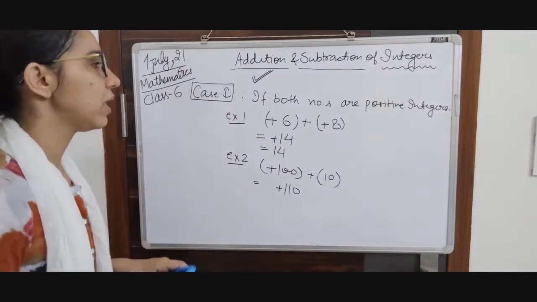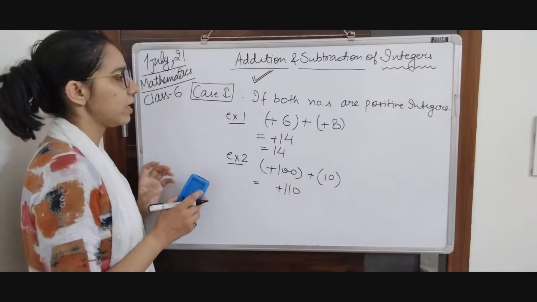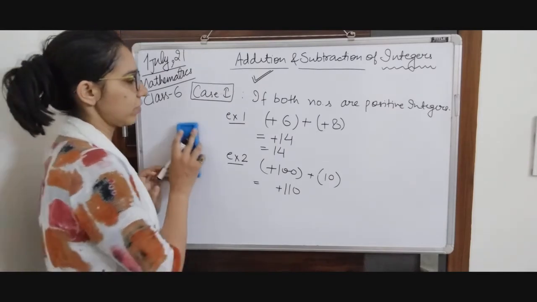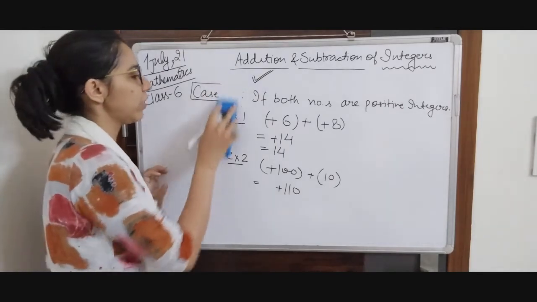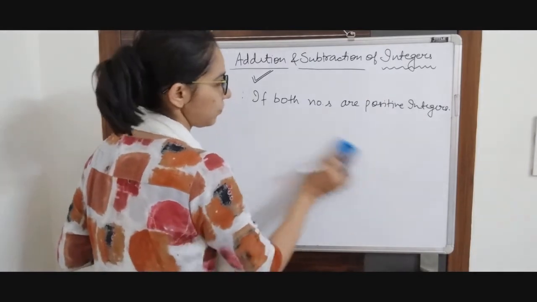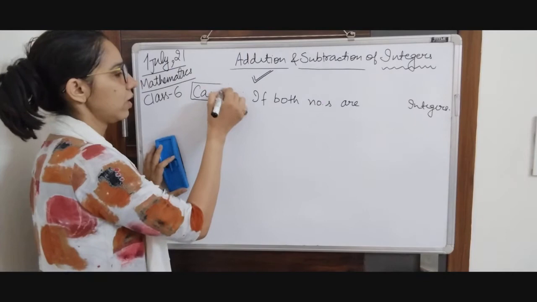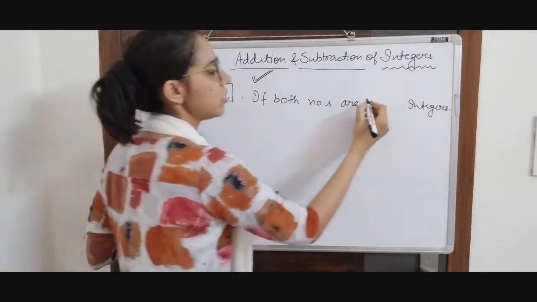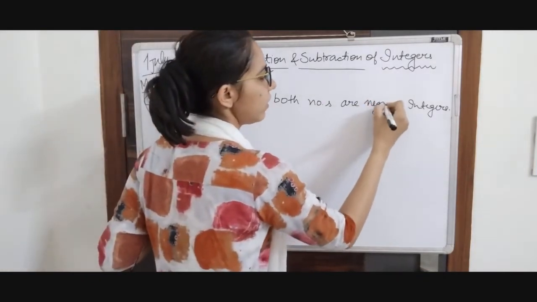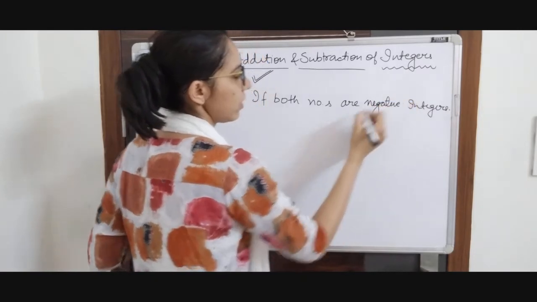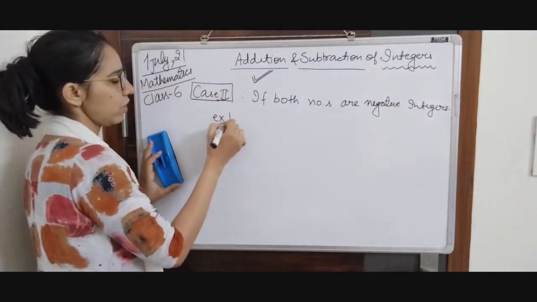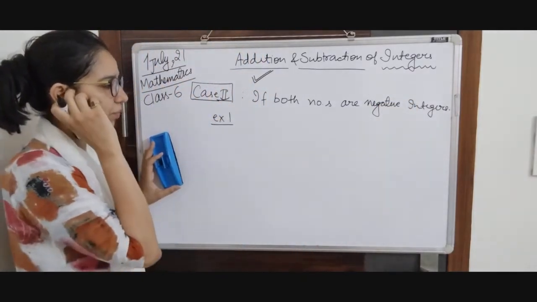What will happen if both numbers are negative integers? So this was case 1. Now case 2. Case 2 is if both numbers are negative integers. So we will understand it using example.